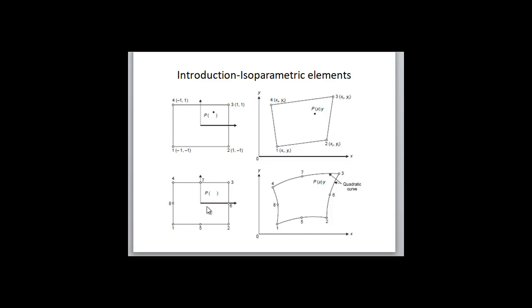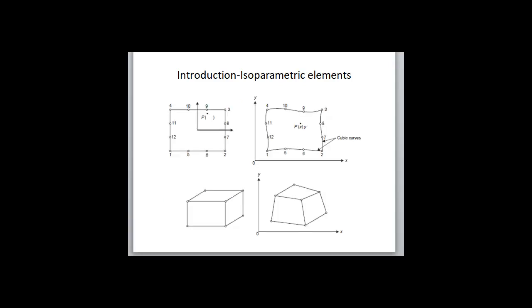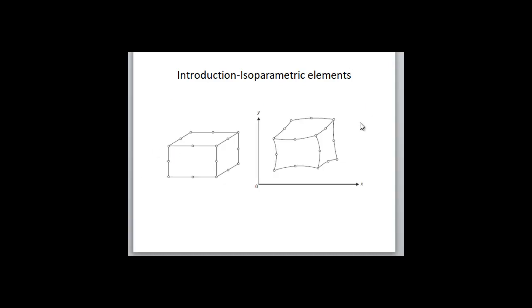In this case, the rectangular element has 8 nodes and is mapped by using quadratic curves. As the number of nodes increases in the rectangular element, cubic curves can also be used for mapping into global systems. Similarly, three-dimensional elements can be mapped by using isoparametric elements in this way. As the nodes increase, the curved edges tend to use cubic curves.